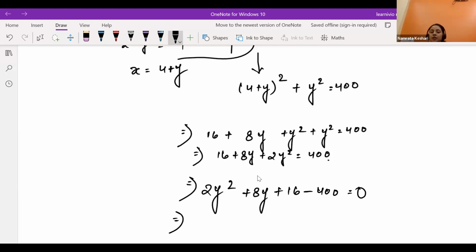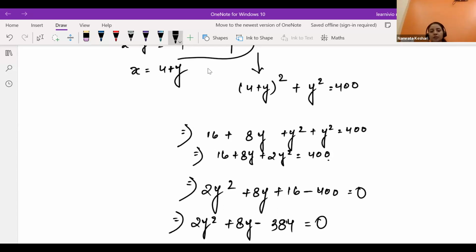It will be 2y square plus 8y. Now 400 minus 16, do the subtraction and write it. It will be negative 384 is equals to 0.